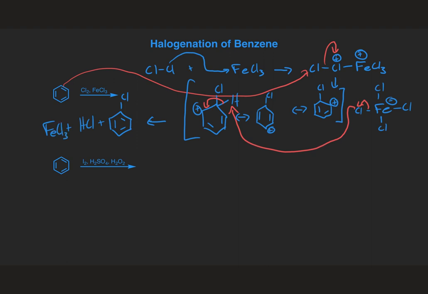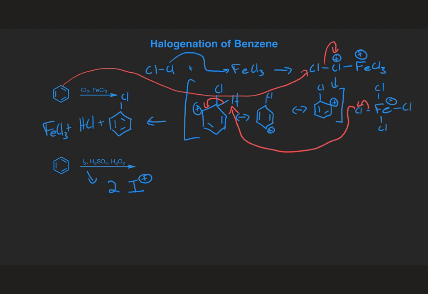So the mechanism for chlorination and bromination are exactly the same. If you want to add an iodine to benzene, we typically do it a little bit differently, and I don't want to go into great detail about how this mechanism works. But essentially, this mixture of I2, sulfuric acid, and hydrogen peroxide takes I2 and generates 2 iodine cations.